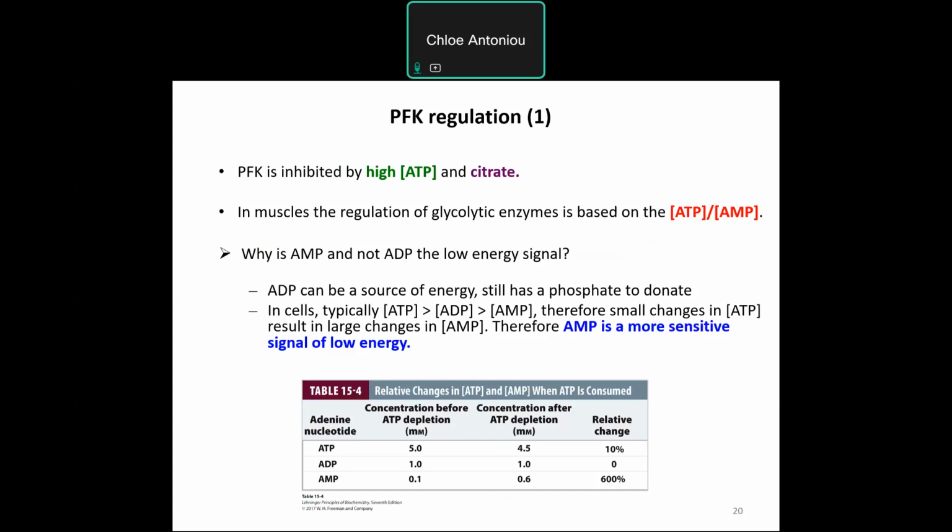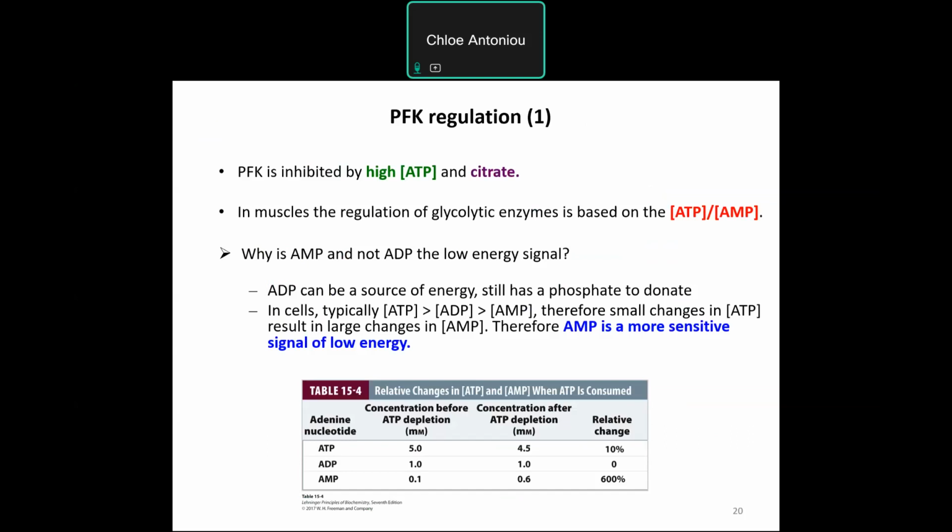So when we use a lot of ATP, for whatever reason you can imagine, you're exercising, you're moving around a lot, you have metabolic pathways that are requiring a lot of ATP, usually this will get the ATP concentration down to 4.5. Usually, it's 0.5 millimolar of ATP that we use. That's only a 10% change in ATP, right? If you go from 5 to 4.5, that's a change of 10%.